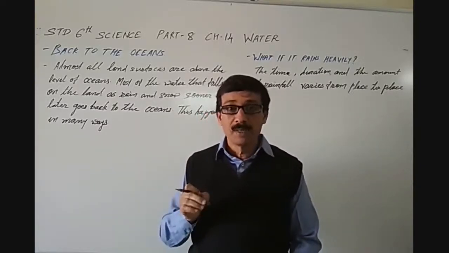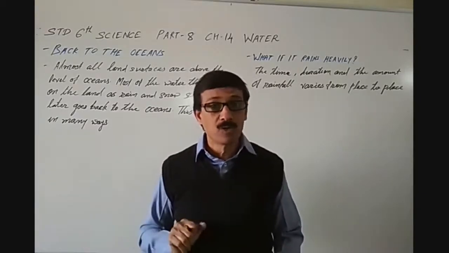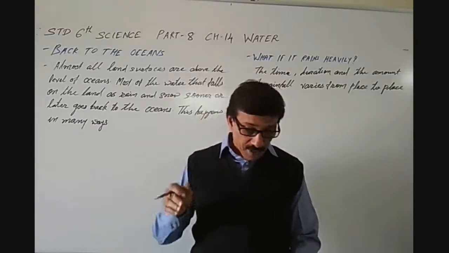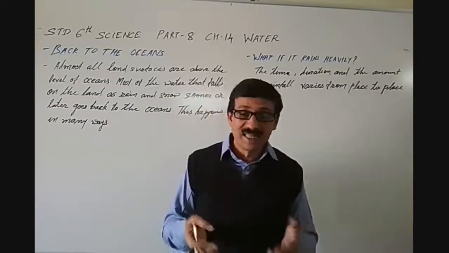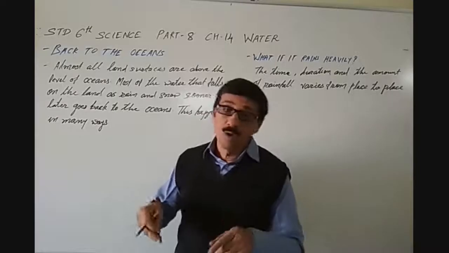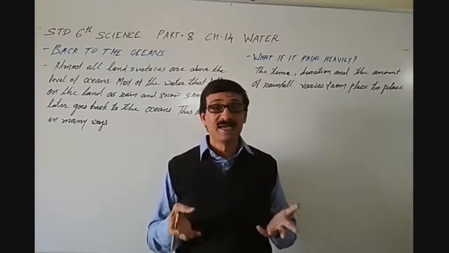Then we have to go deeper to find more groundwater, isn't it? So the more tube wells and hand pumps there are, the deeper in the ground we have to go to find that groundwater.